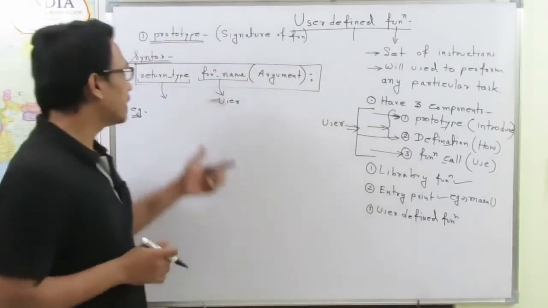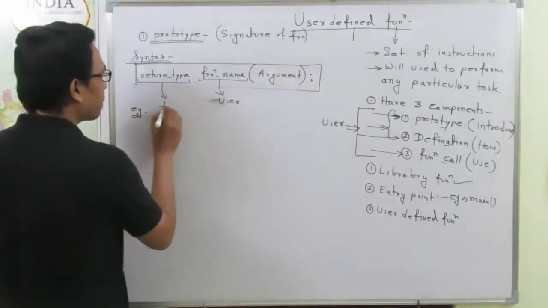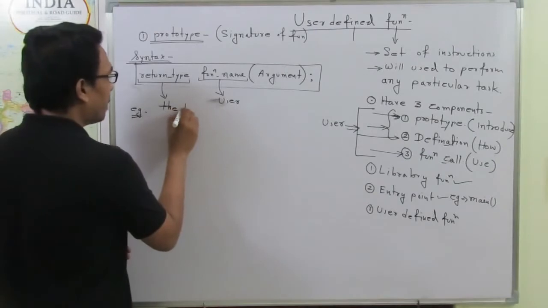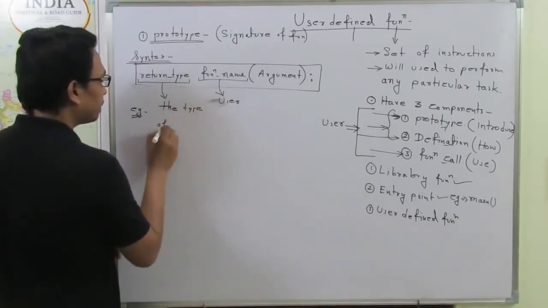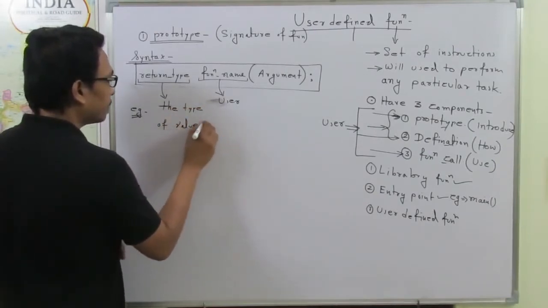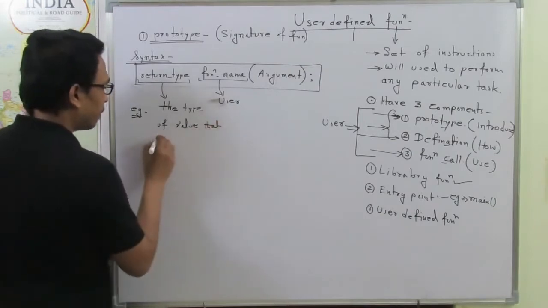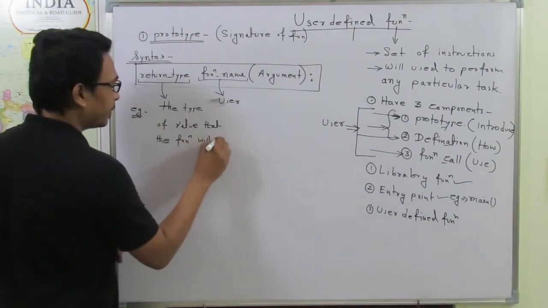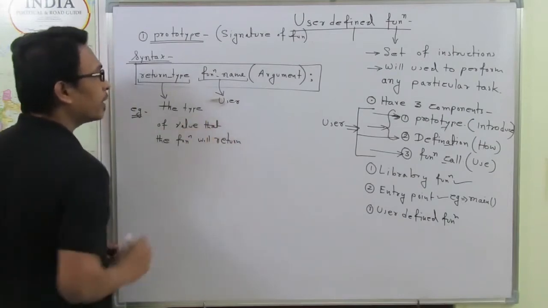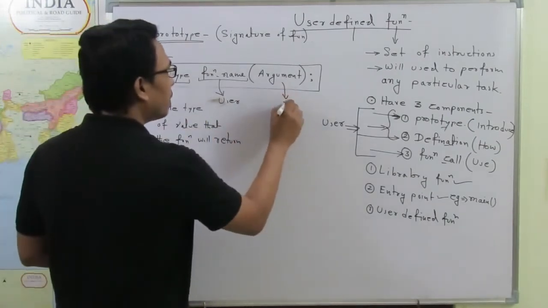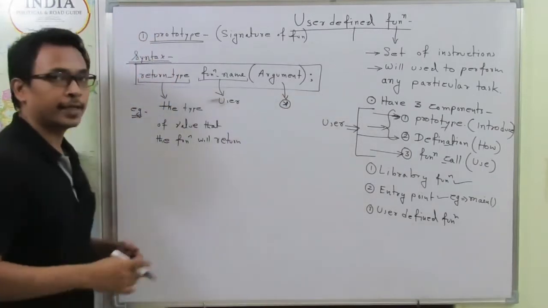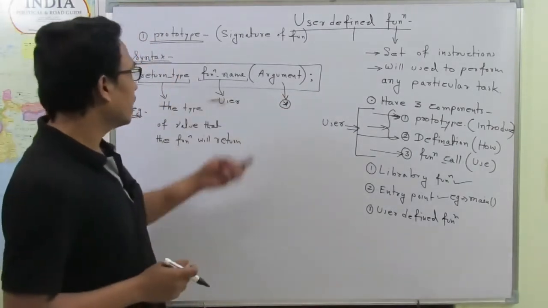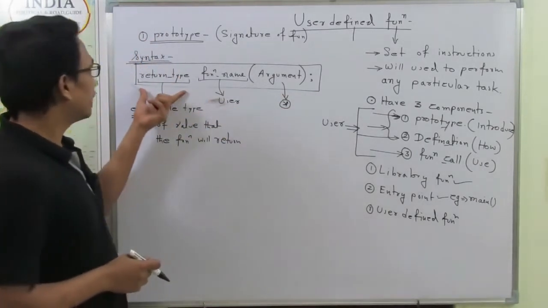That's why the return type defines the type of value that the function will return. Clear? And this argument, we will come to this argument part later.